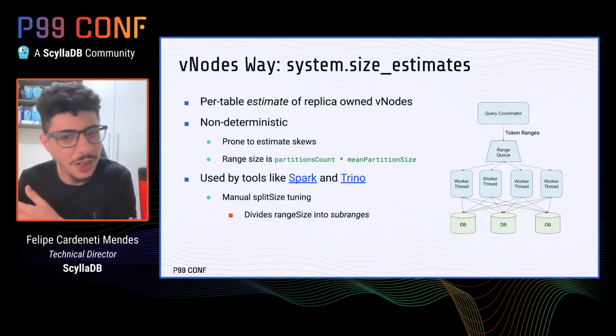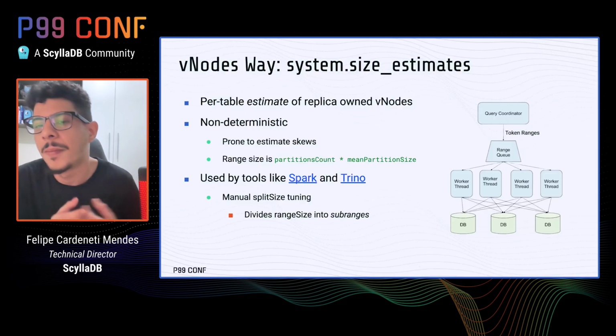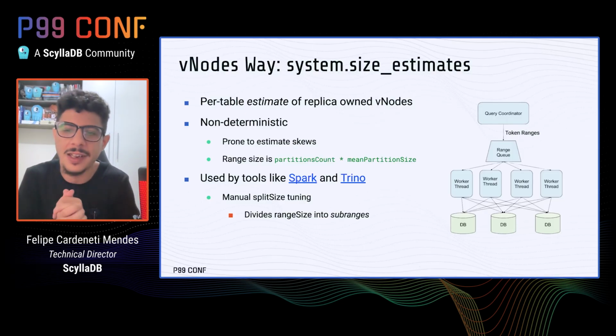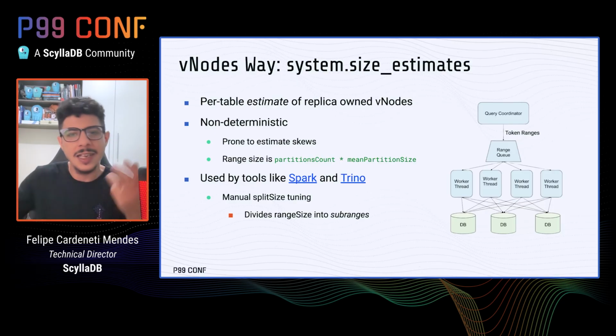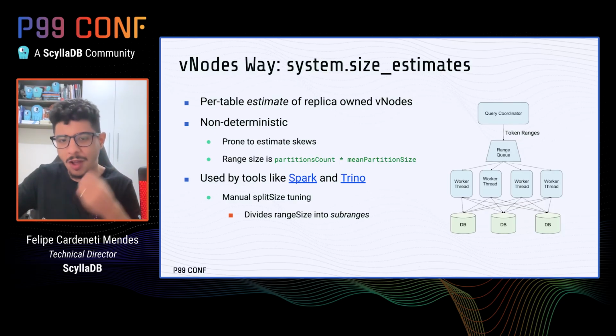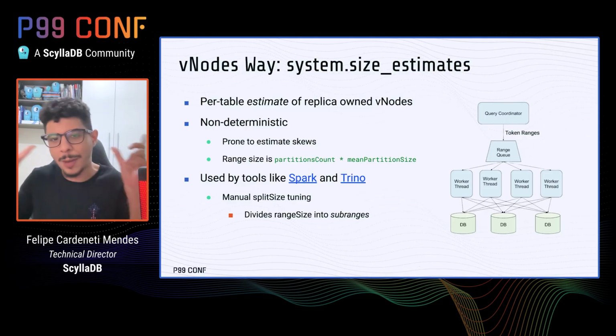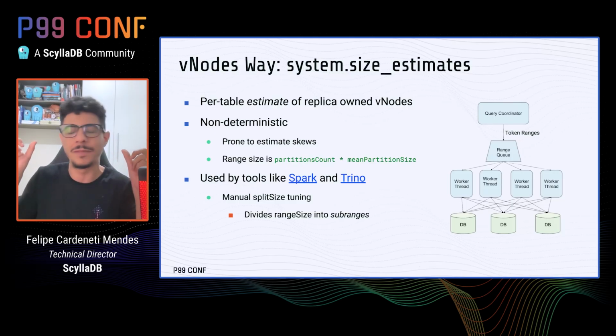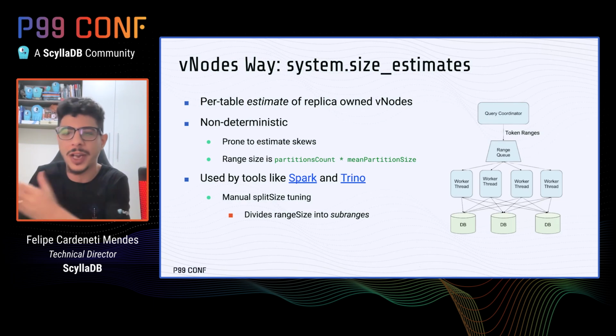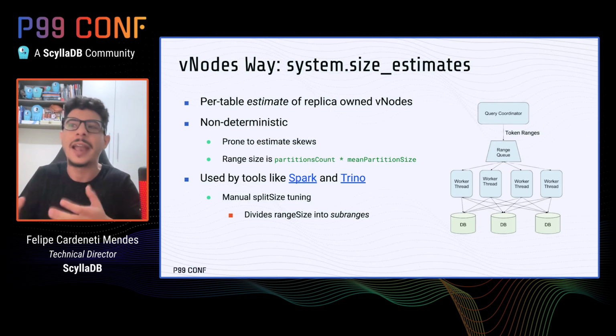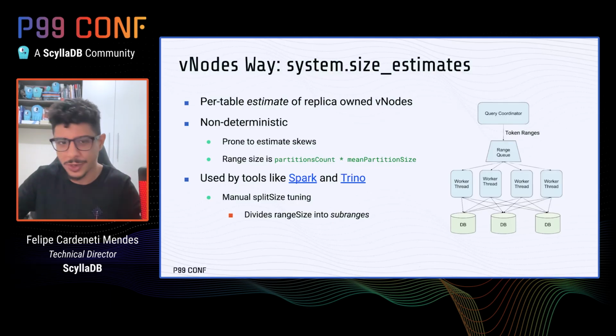Naturally, sampling occurs as part of compaction, but the mean partition size used in estimates does not reflect the presence of tombstones, for example. And given eventual consistency, two replicas may report very different sample sizes for the very same token range, which end up resulting in wrongly generated range splits by those tools.